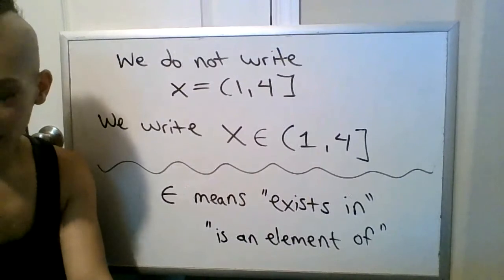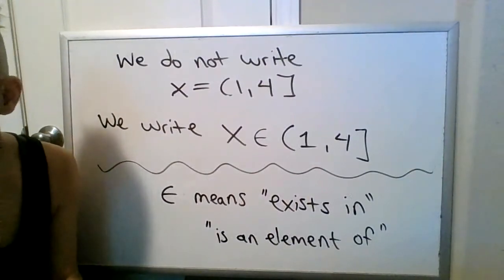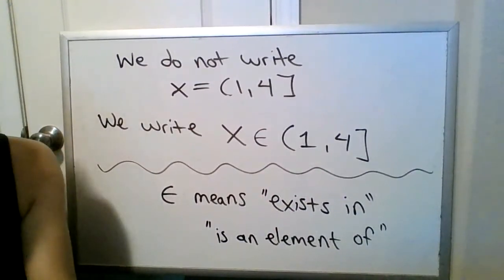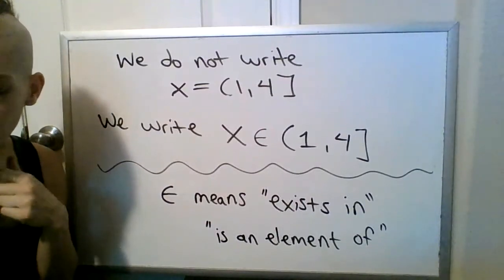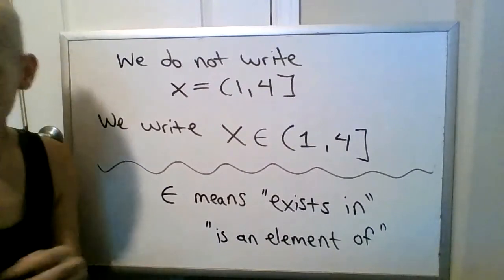Alrighty, we're going to do another example. We're going to graph the set that goes from -3 and is less than or equal to x, which is less than or equal to 0.